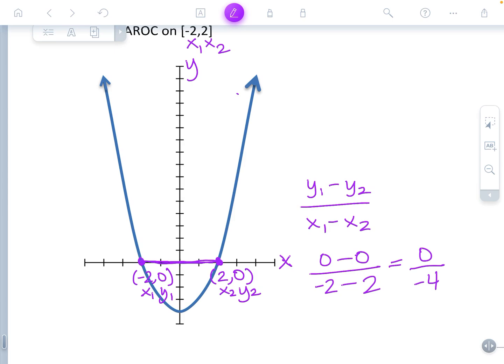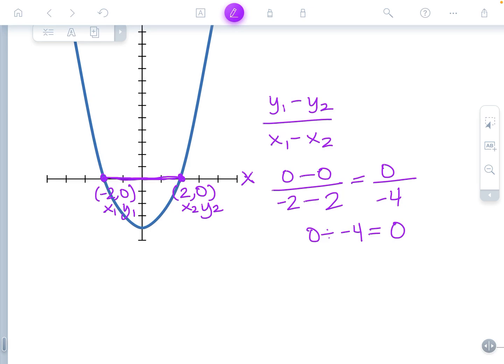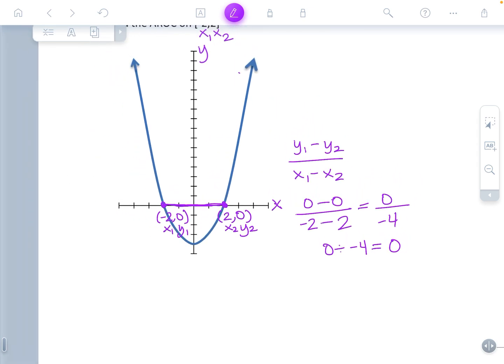I would recommend anytime you have a 0 in a fraction that you plug it in your calculator. You go 0 divided by -4 and then see what it equals. It reads this number divided by this number. However, anytime you have 0 on the top, your answer will equal 0. So this one has a slope of 0.